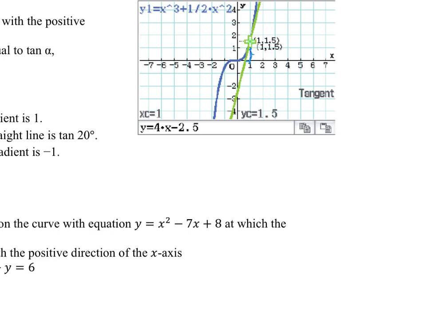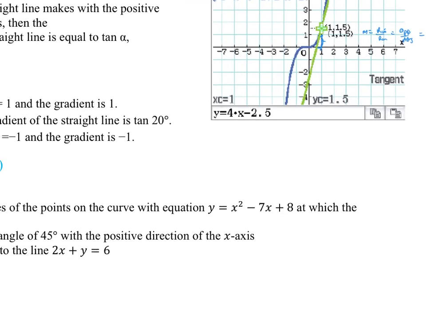And so the gradient, m, is equal to rise over run, which in this case is opposite over adjacent. And we know that opposite over adjacent is the same as tan theta. So that's where we get the concept that the gradient of the line is the same as tan of the angle that the tangent makes, okay?